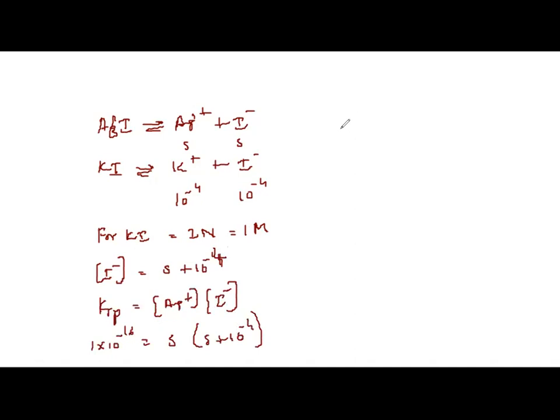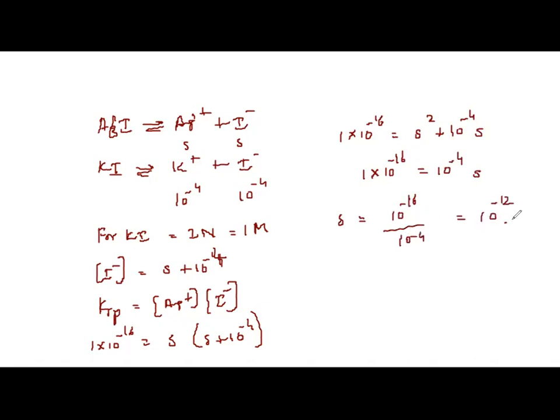So 1 into 10 raised to minus 16 equals S square plus 10 raised to minus 4 S. S square being very much less than 10 raised to minus 4 S, it is neglected.